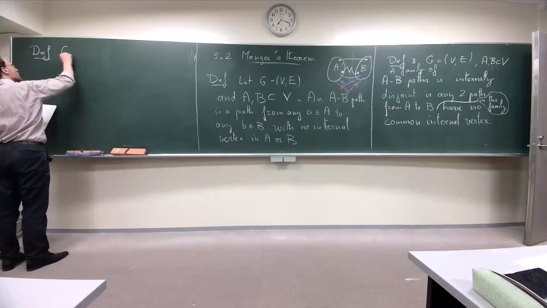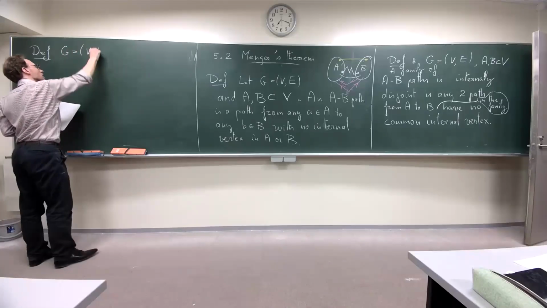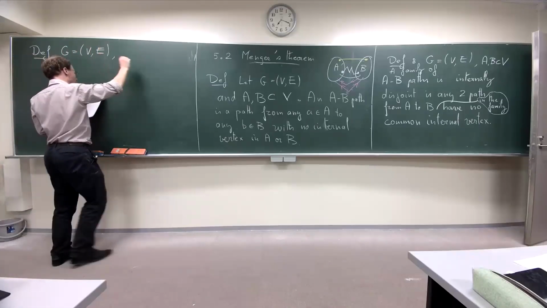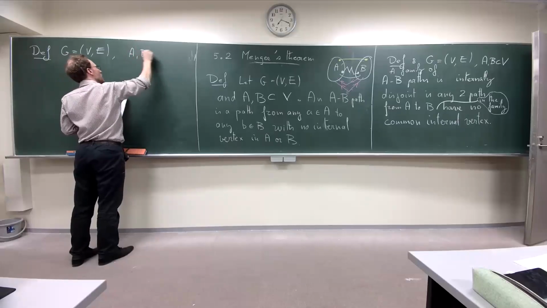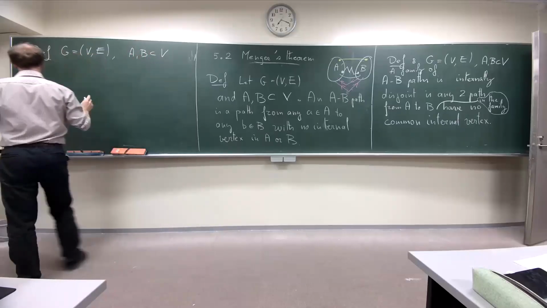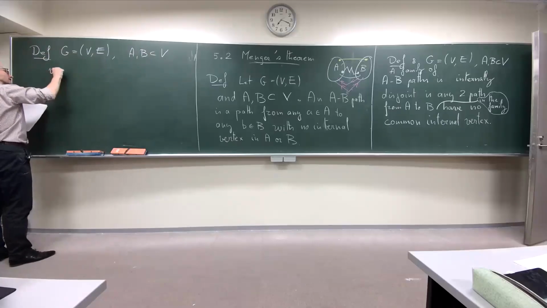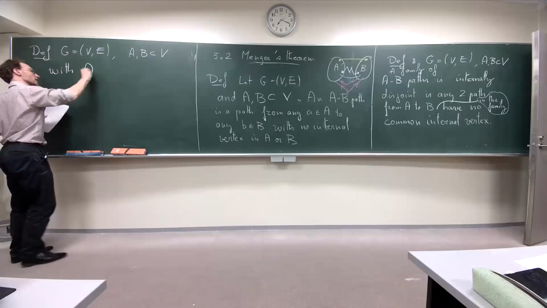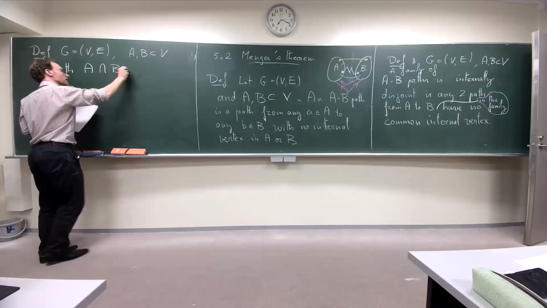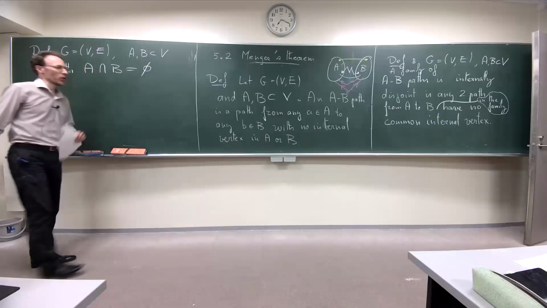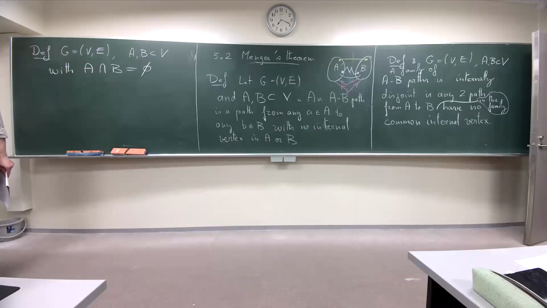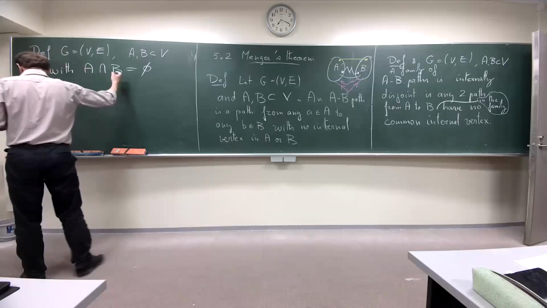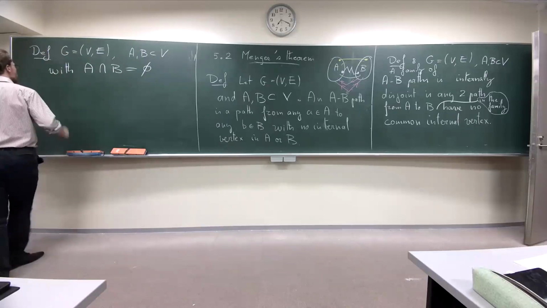So let G be this graph and A, B inside V. But observe now I take the condition A intersection with B is the empty set. Before I didn't take it because the definitions were even fine for A intersection with B not empty, but for safety, I take it now.